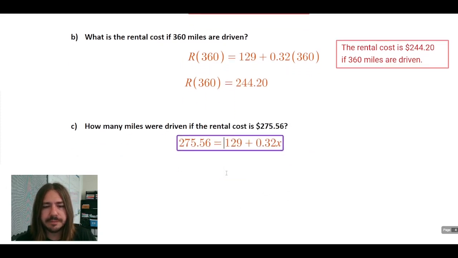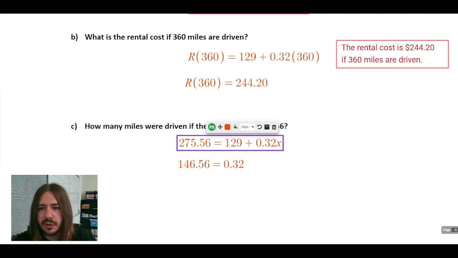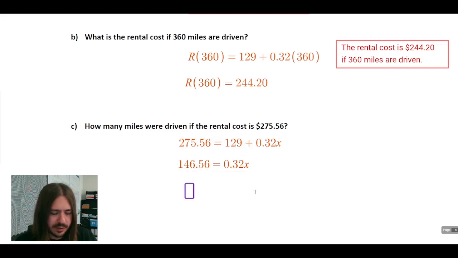The first step is going to be to subtract 129 from both sides. That's going to be 146.56 equals 0.32x. Then I'm going to divide both sides by 0.32, and that's going to give me 458.